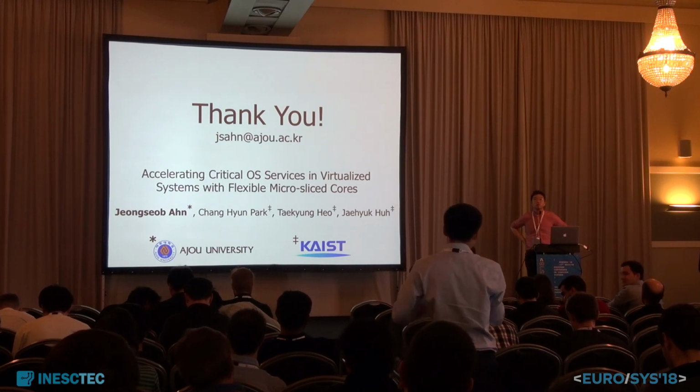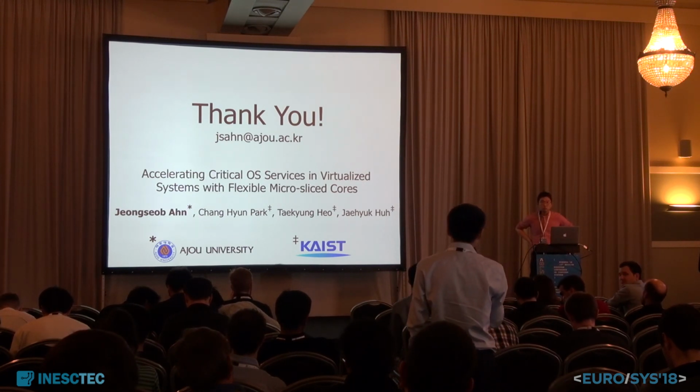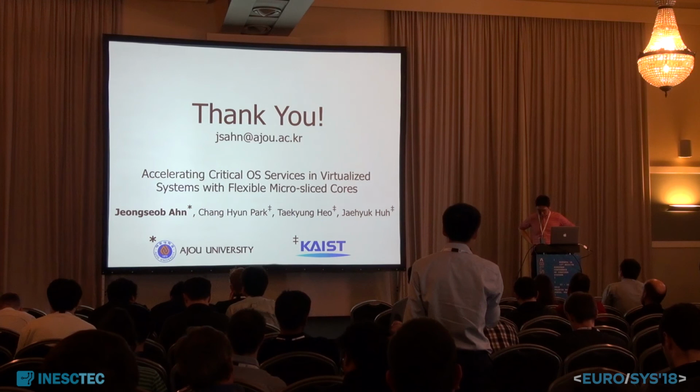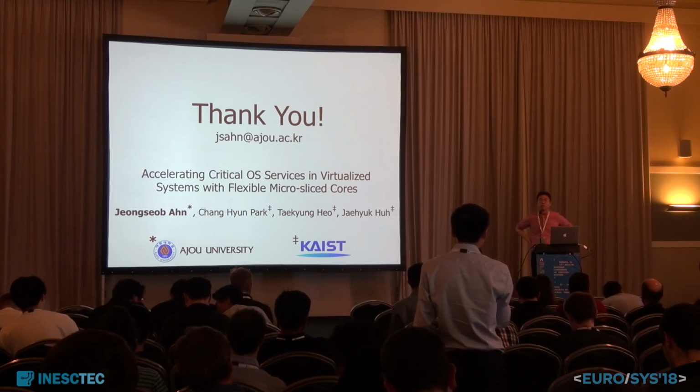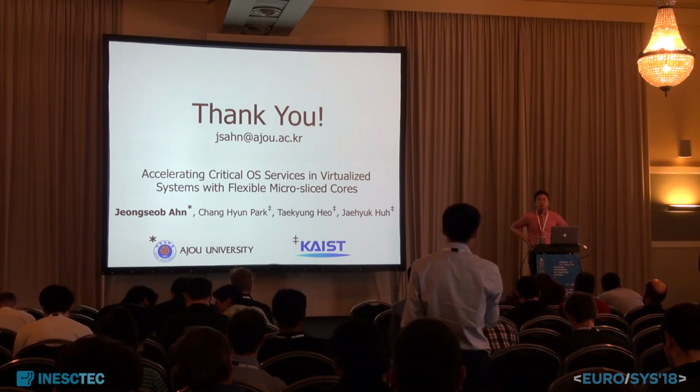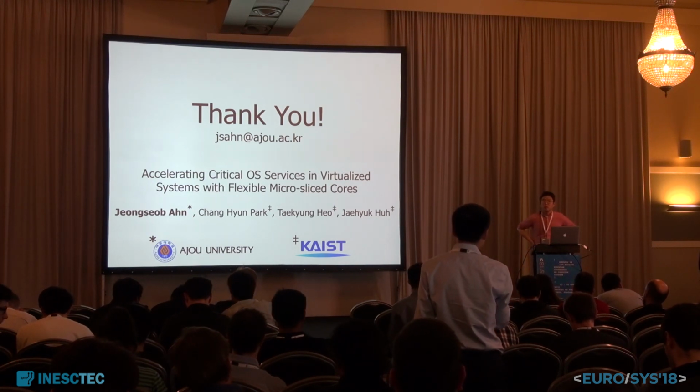The second question is, what if the critical operations are implemented in user space? For example, there are a lot of synchronization primitives, spinlocks, implemented entirely in user space. In this case, you won't be able to detect them with the kernel symbol table.